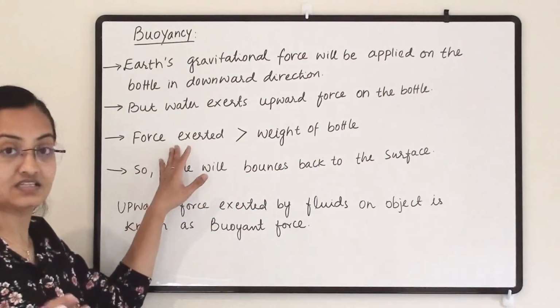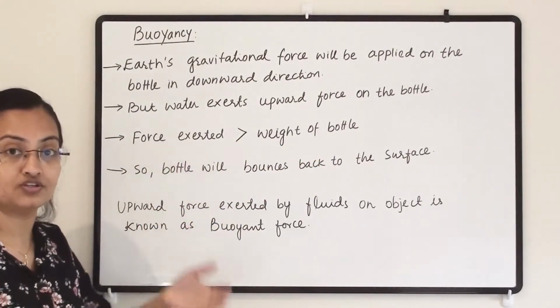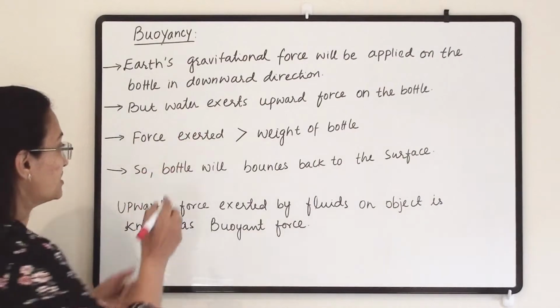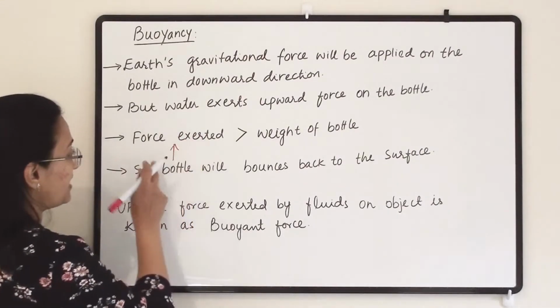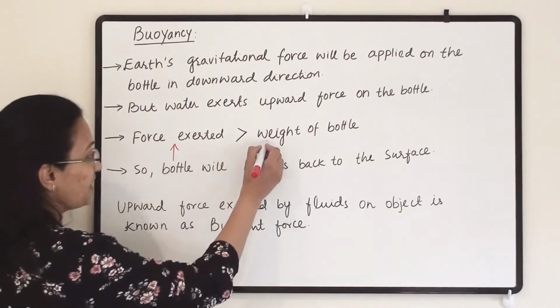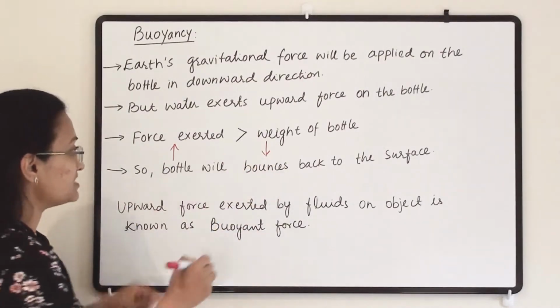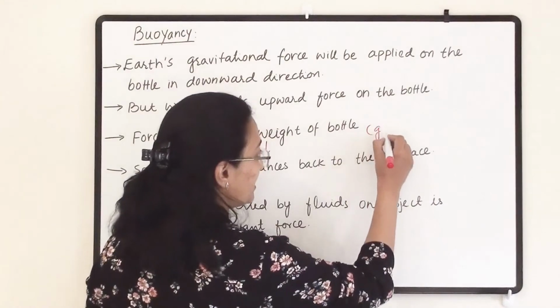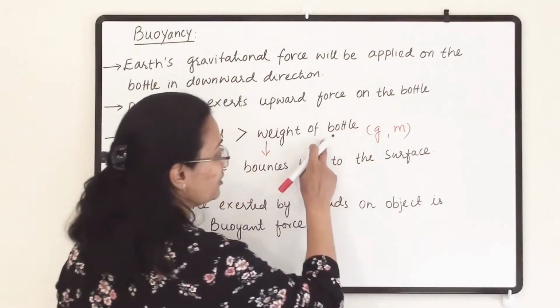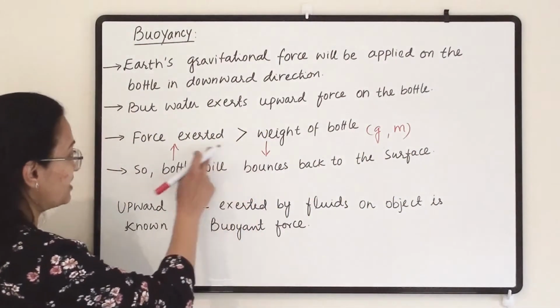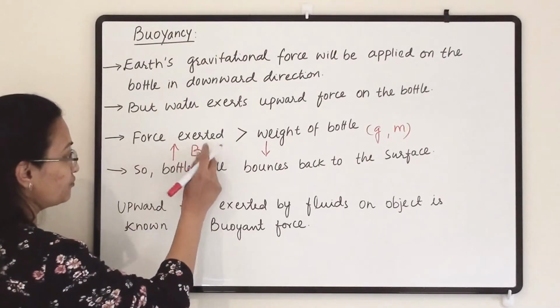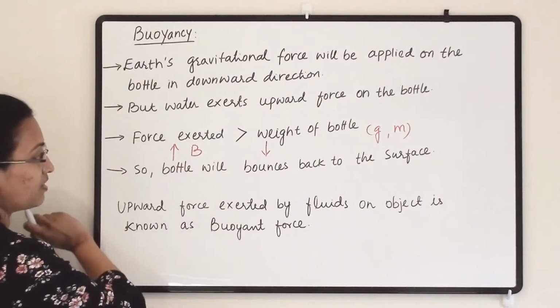So in that situation, the bottle will come out, because the force which is applying upward is higher compared to the force which is applying downward, that is lower. This is due to the gravity and the mass of the object which is applying downward, whereas the buoyant force will act towards the upward direction.